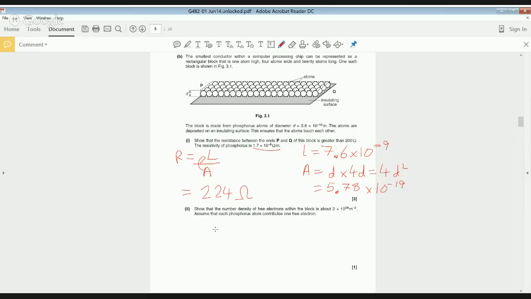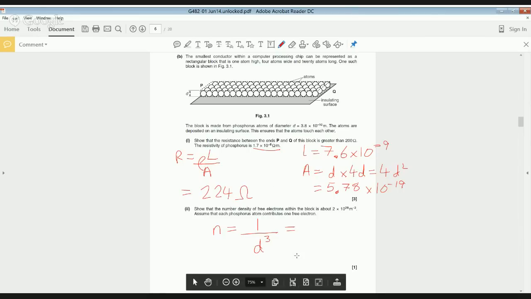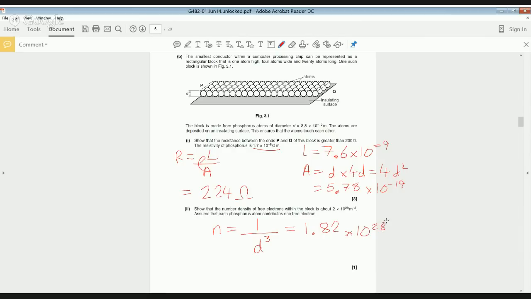So the number density is going to be equal to 1 divided by the volume of a phosphorus atom, assuming it's a cube, which will be d cubed. And if we plug in the value for d, given here 3.8, it comes out as 1.82 times 10 to the power of 28 per meter cubed, which is again very similar to the question's 2 times 10 to the 28.